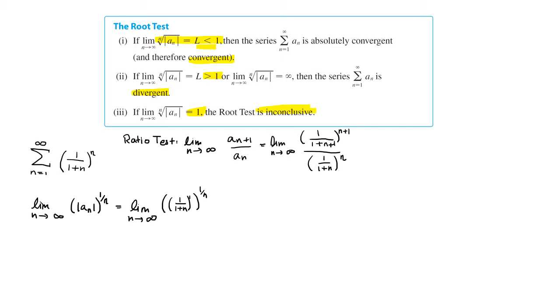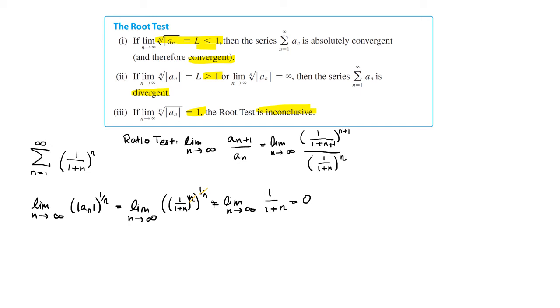And we see that there is some nice cancellation here. This nth root and nth power cancel out. So we're left with the limit as n goes to infinity of 1 over 1 plus n. As n goes to infinity, this has a limit of 0.